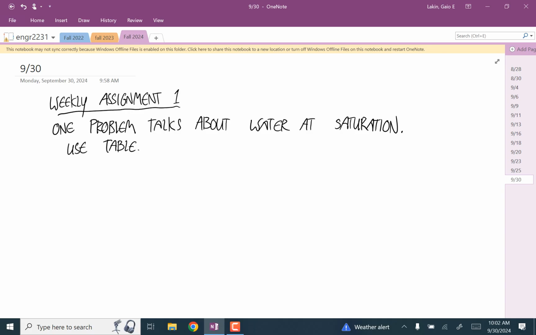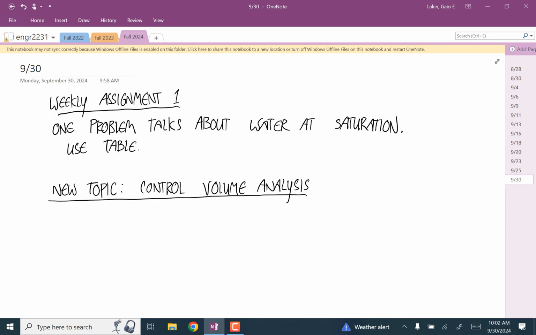Okay. Now we are getting into control volume analysis. Does anyone have any homework questions before I start this? Okay. So control volume analysis. And control volume analysis we'll use when material is moving through a device.